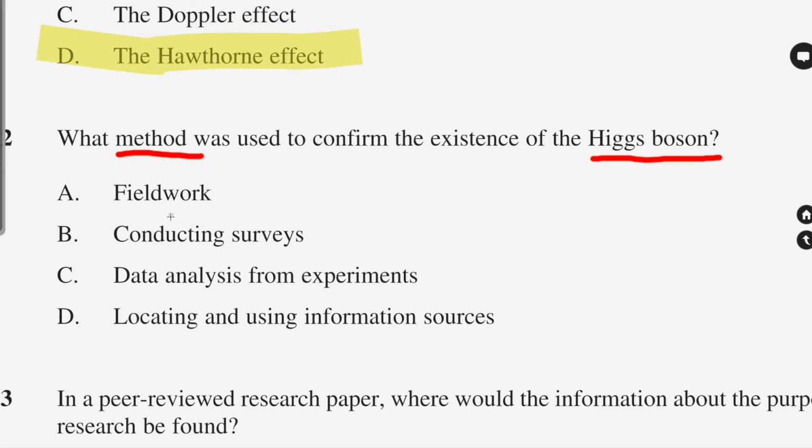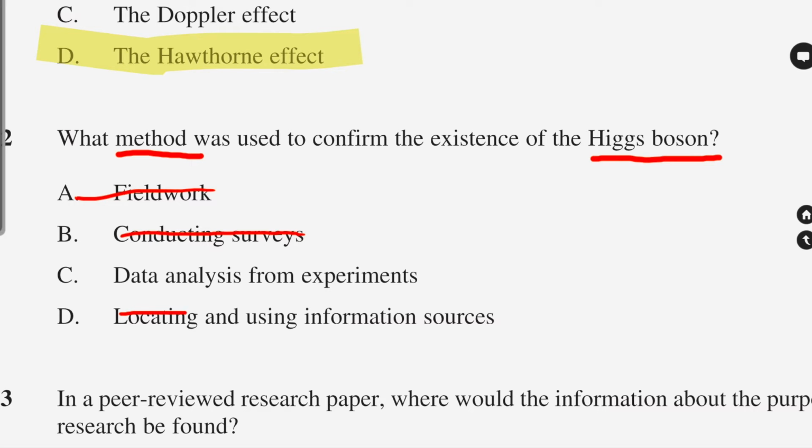And so the Large Hadron Collider is essentially the largest piece of scientific equipment on the planet. So in this case here, it's not really field work. We're not going out there and asking things, and we're not conducting a survey. Like, we're not going and asking people what we feel about it. Data analysis and experiments. That sounds pretty good. And locating and using information sources.